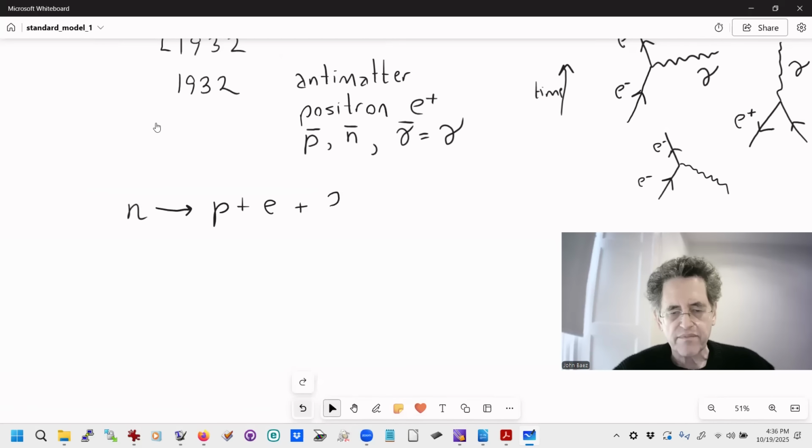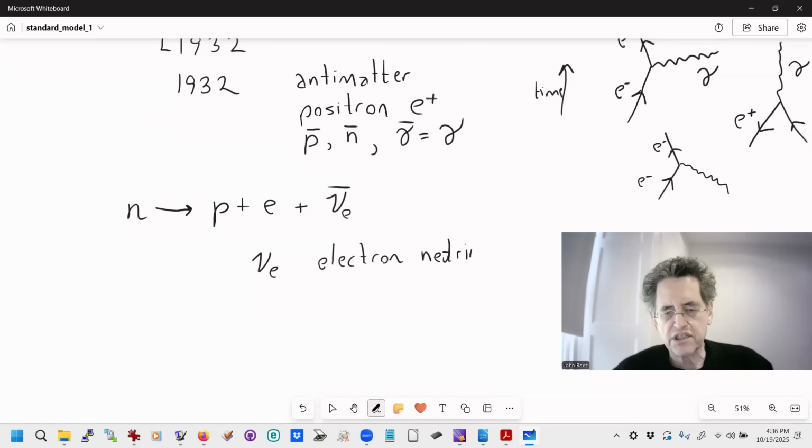So after some thinking about all this stuff, people decided that what this mysterious particle was, well, we now call it an electron antineutrino. So nu E is our name for the electron neutrino, and it's a very light, chargeless particle that has electronness in it in some sense.